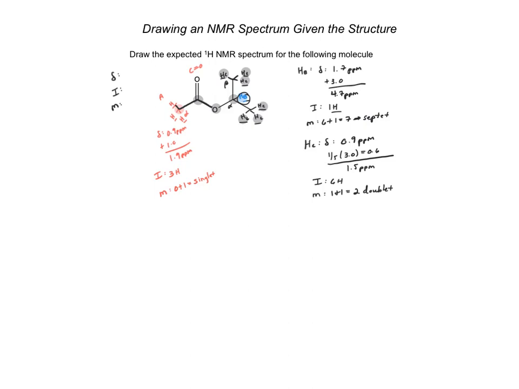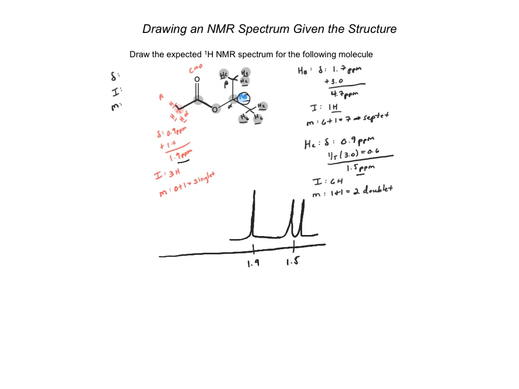So now we're going to attempt to draw this. We're going to start with the farthest upfield signal, which is our doublet at 1.5. So I'm going to go ahead and put 1.5 here and draw a doublet as best I can. I'm going to move down to the next in line, which is a singlet at 1.9. So we'll draw 1.9 here and draw a singlet there.